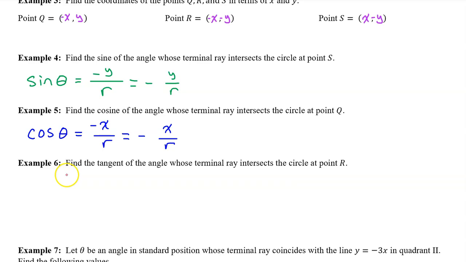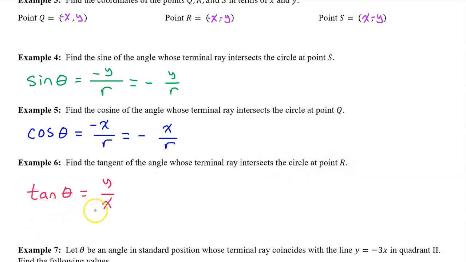Example 6. Find the tangent of the angle whose terminal ray intersects the circle at point R. The memorized formula for tangent theta is y over x, but to avoid confusion, just think of this as the vertical displacement divided by the horizontal displacement.